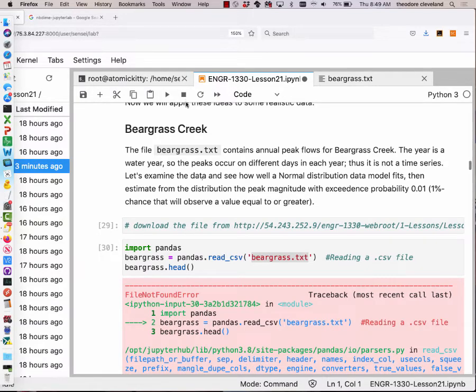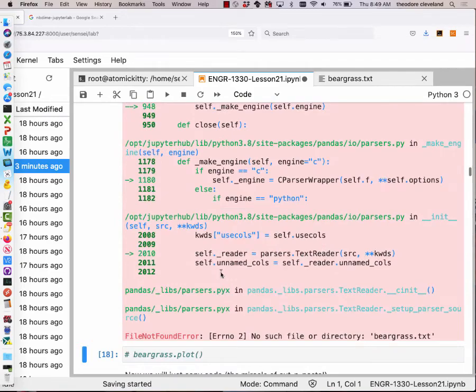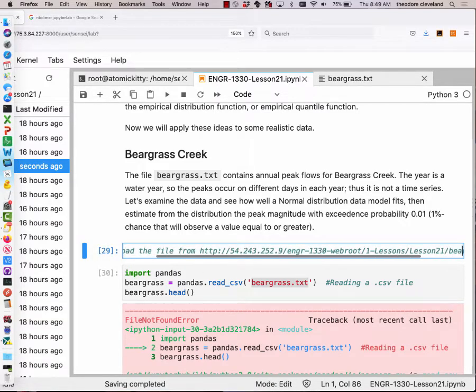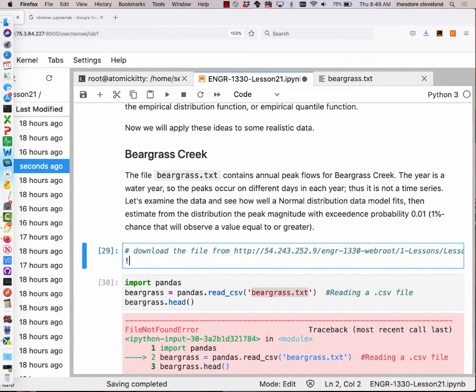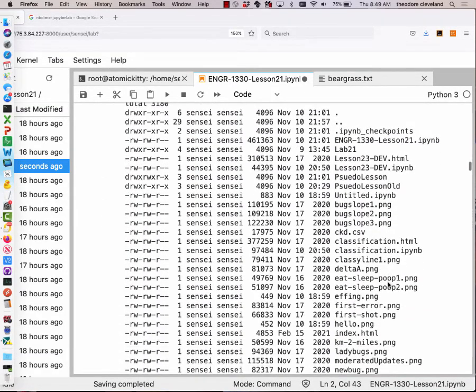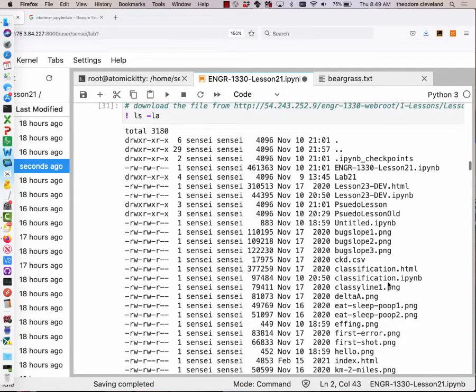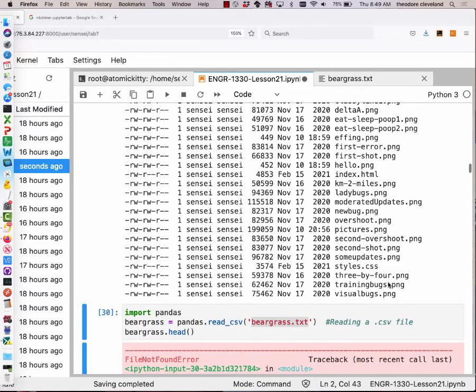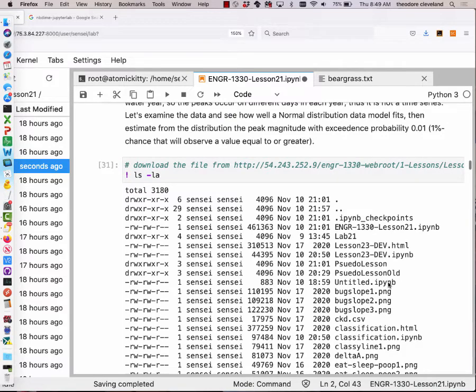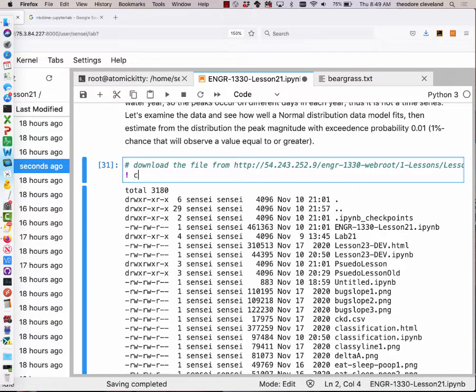Okay. Did not find the file. Let's find out what's going on. Didn't want that to happen. That's weird. Let's see if I remember how to do this. CD.